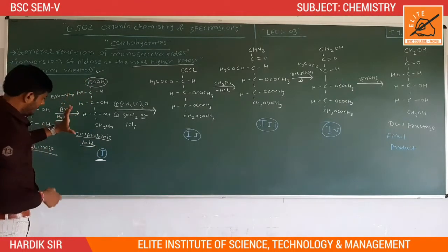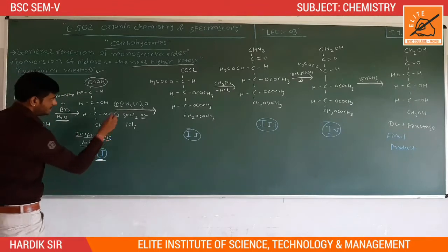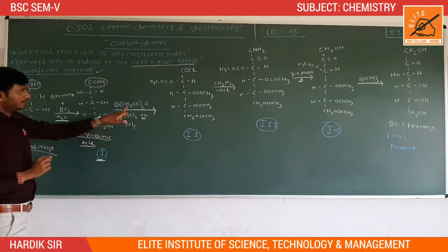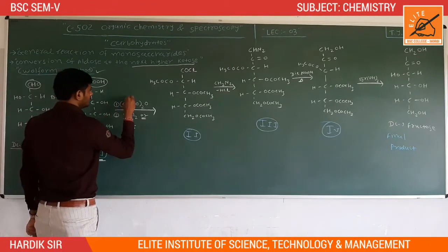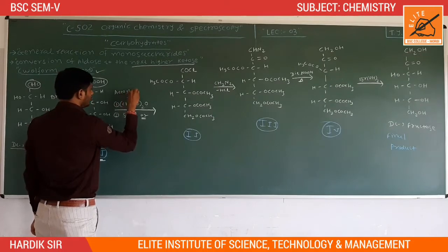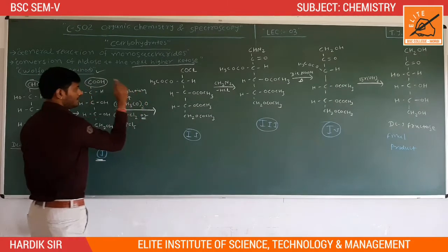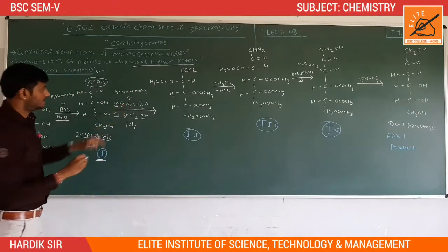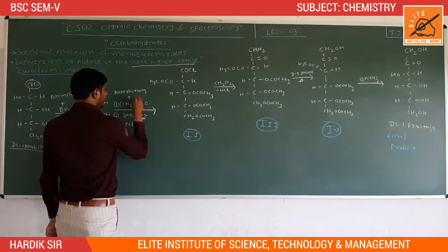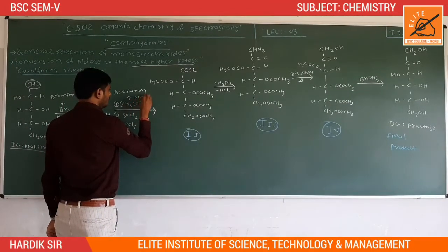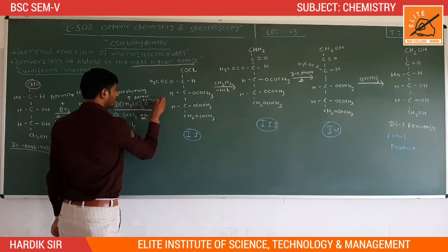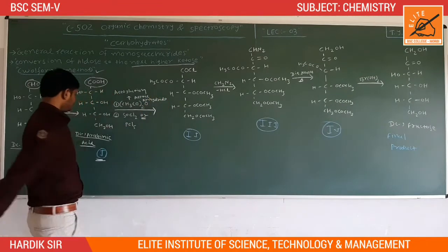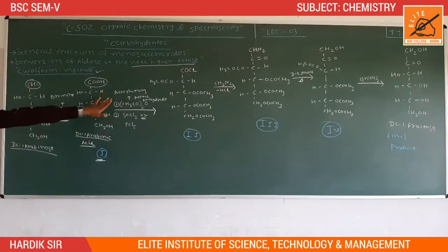Now, D-arabinic acid is reacted with acetic anhydride. This is the acetylation process, and this is the acetic anhydride.